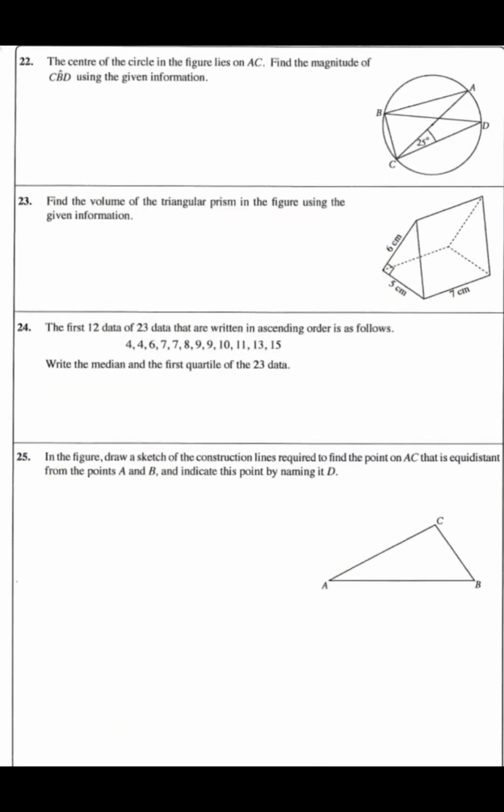23rd question. Find the volume of the triangular prism in the figure using the given information. Cross-sectional area is constant throughout this prism, as well as this cross-section shape is a right angle triangle. Therefore, volume I can write down cross-sectional area into length. The length we know 7 centimeters.